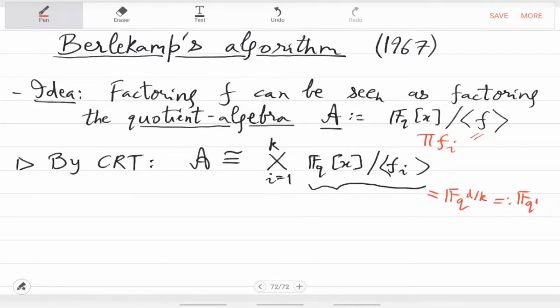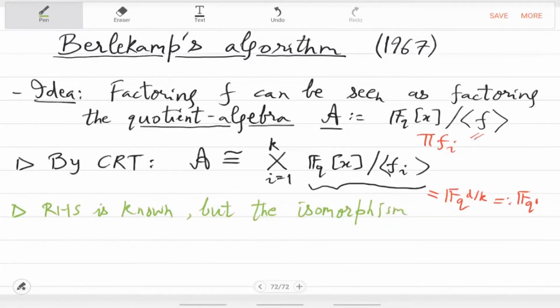So this is the way we see factorization of f. We think of this as an unknown isomorphism. So the RHS is known, but the isomorphism we want to find. Hence find the f_i's.